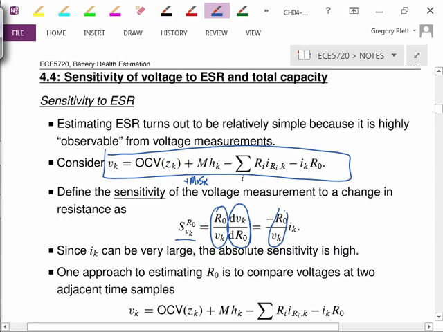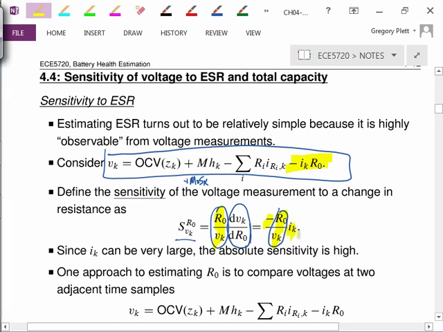So R0 over V_k just comes across directly. And then the derivative of voltage with respect to R0: the only place that R0 shows up is right here, and so I have minus I_k coming out of that derivative.